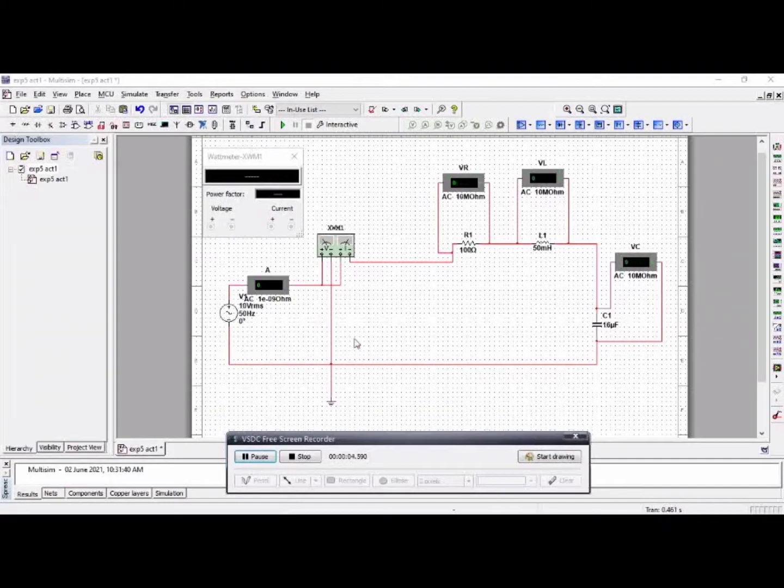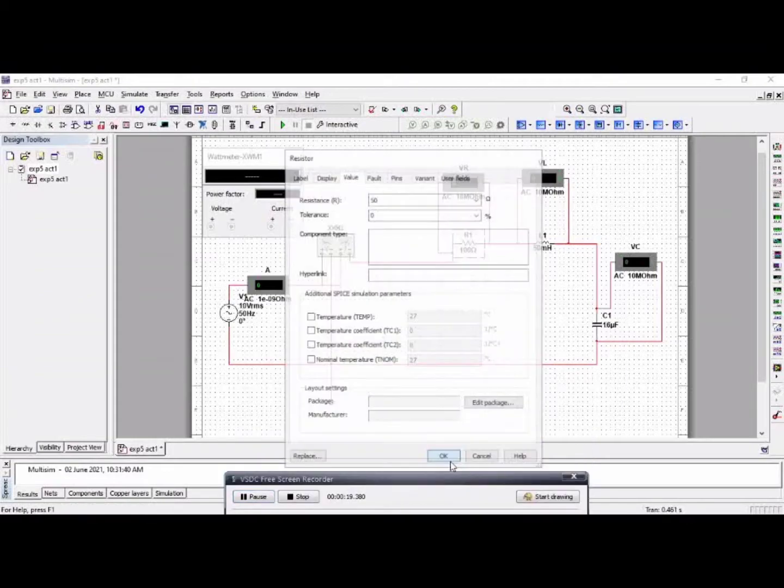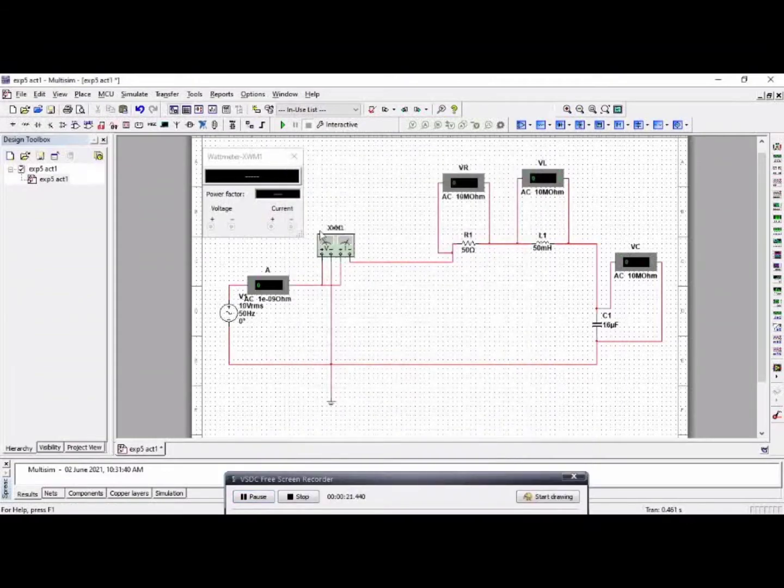Next, we go to the next activity, in which we change the resistor R1 from 100 ohms to 50 ohms. Then we start with 10 volt voltage supply and start the simulation.